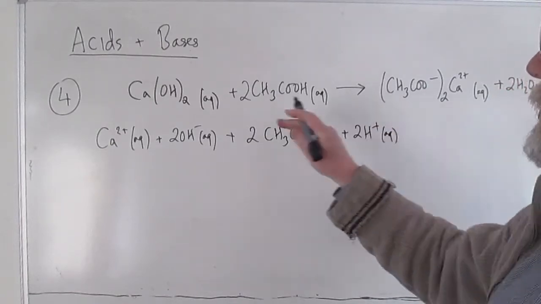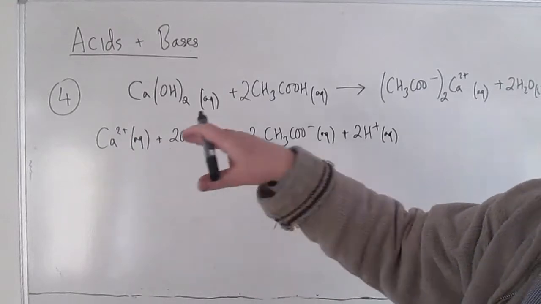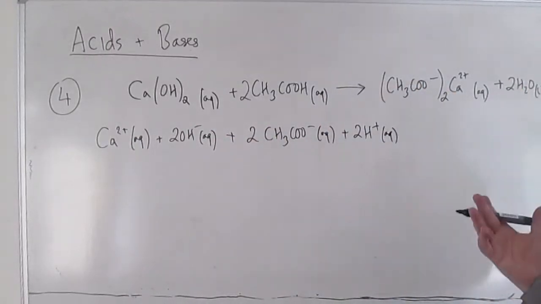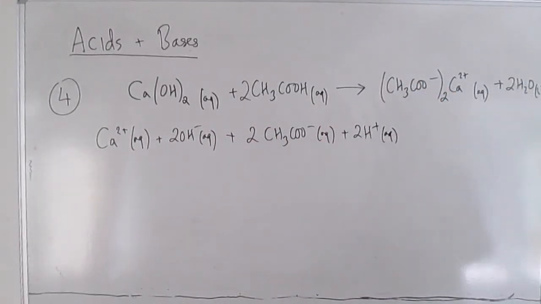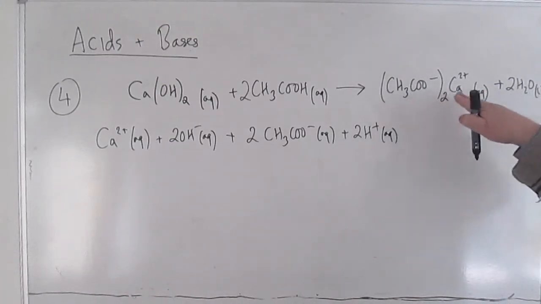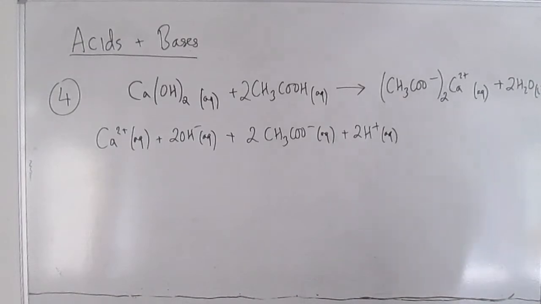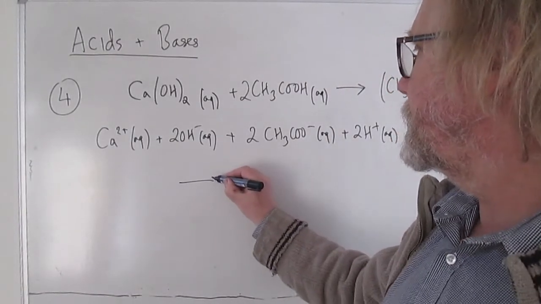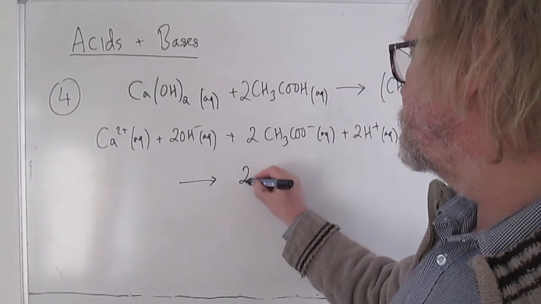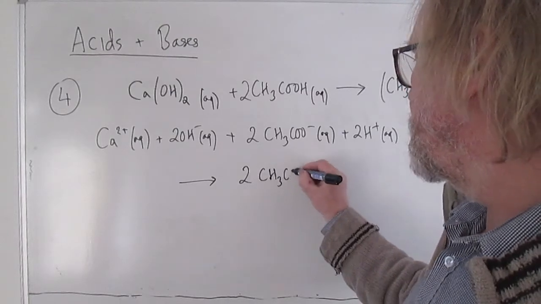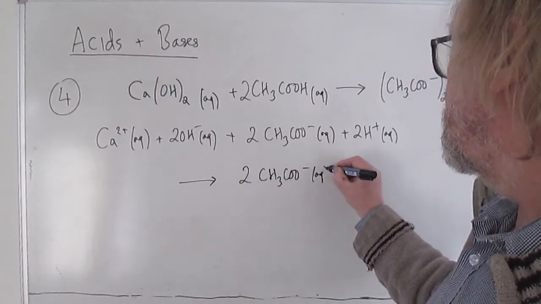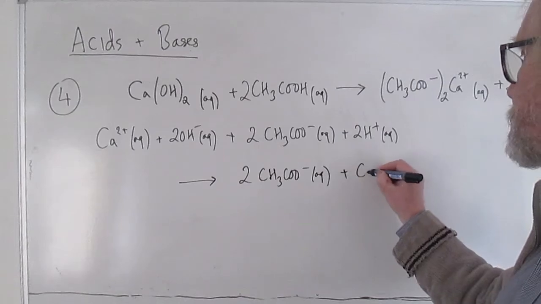So both of the things on the left-hand side in this case are aqueous, broken up into ions, at least to some extent, so we write them as separate ions there. On the right-hand side, this is still an ionic compound, so again, if it's an aqueous solution, we write the ions separately. So we have 2 CH3COO-, and we have calcium 2+.